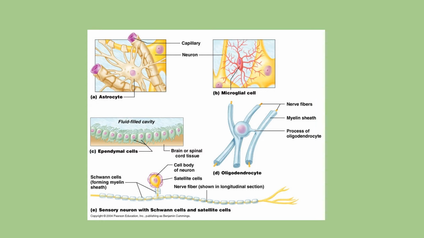The Schwann cells are similar to the oligodendrocytes from the standpoint that they also will form this myelin sheath and wrap around the neuron. With the oligodendrocytes in the central nervous system, it's one cell that wraps around the entire neuron, versus in the peripheral nervous system, each one of these small little bundles is an individual Schwann cell.